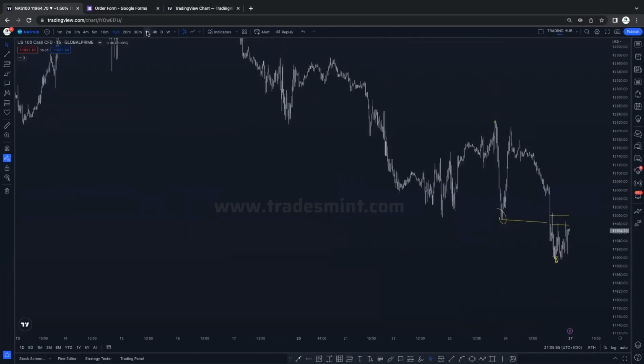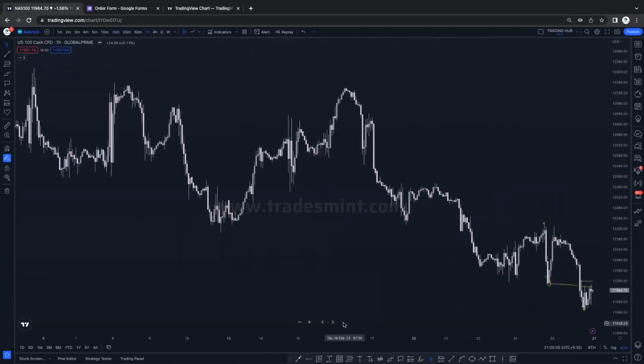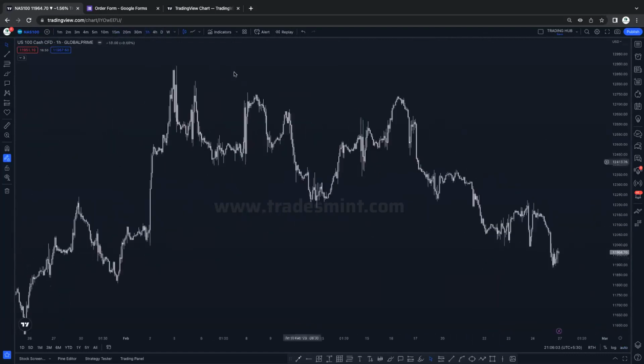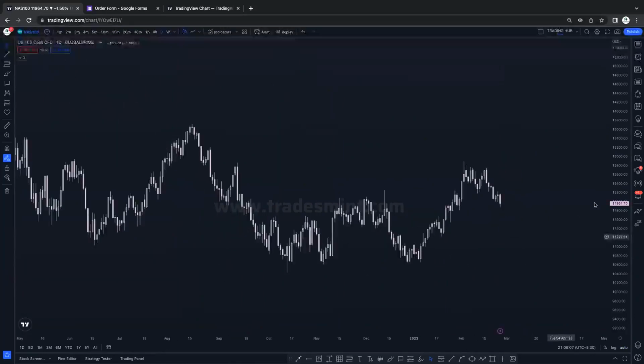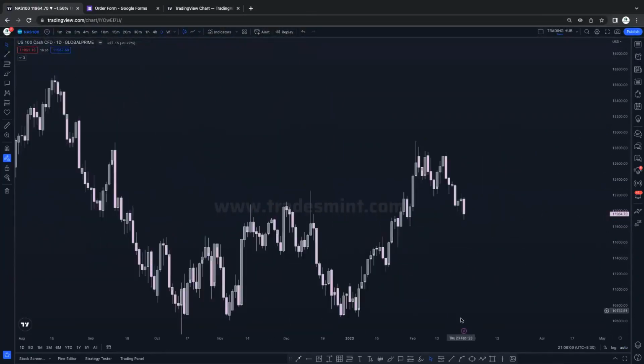Let's check the daily time frame first. In the 1 hour time frame and the daily time frame, both look bearish here because this one is our SMT, smart money trap. So very high chances the market taps here before continuing to go higher.